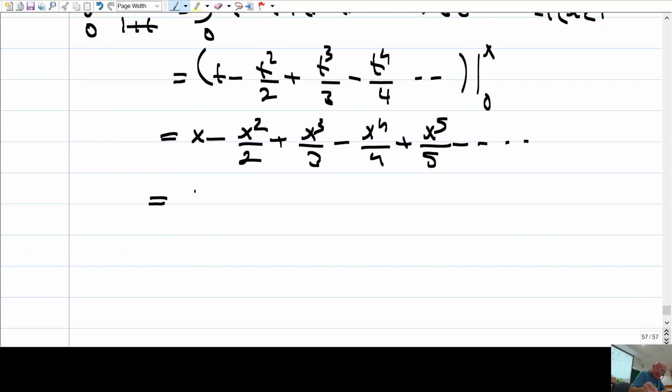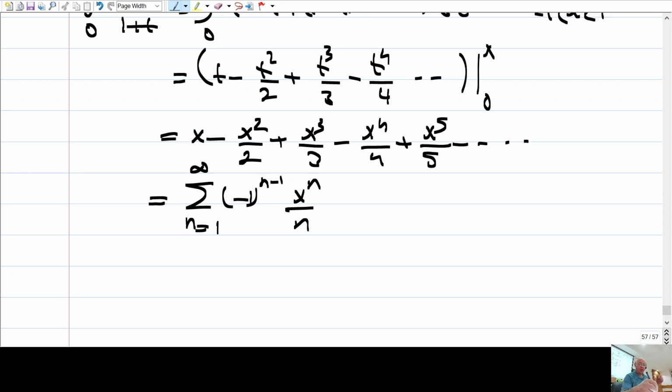I can write it as a sum also, from 1 to infinity, there is no 0 term, minus 1 to the power n minus 1 x to the power n over n, right?